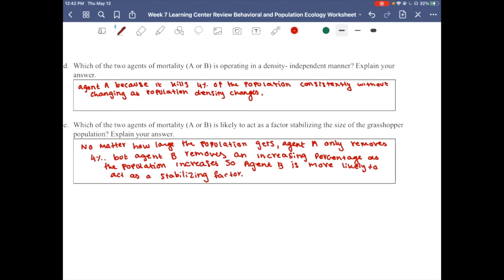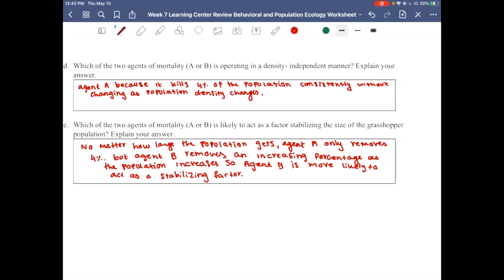Okay, let's see. Comment says so B has the most drastic effect on the population, so it has more influence on stabilization. Yeah, and I would also think about it in terms of proportion. So it does have the drastic effect on population, but on the other hand, you also see that as a population increases, the amount that B kills also increases.